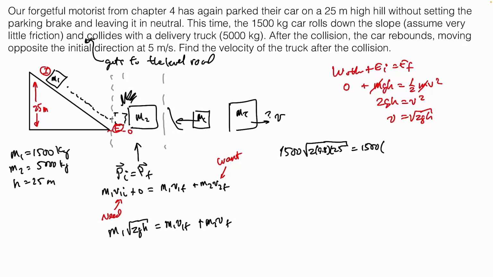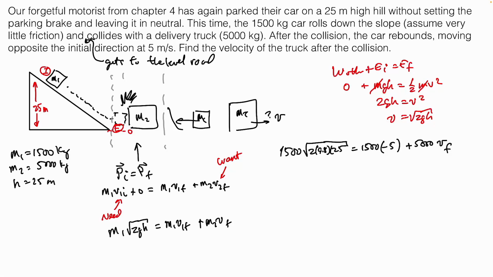Trying really hard in this problem to clue your brain into the fact that you got to put -5 in. Why minus? It's going to the left. We called right positive. So we're going to put in -5. This minus sign, it's going to kill you. You've got to be on top of it. It's a vector. Mind the vectors.